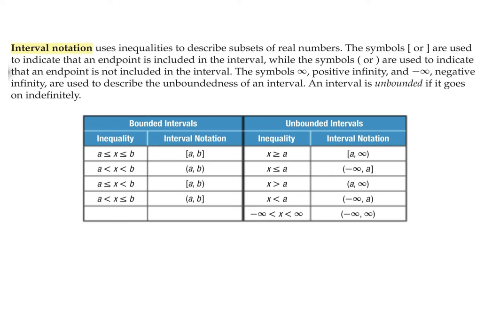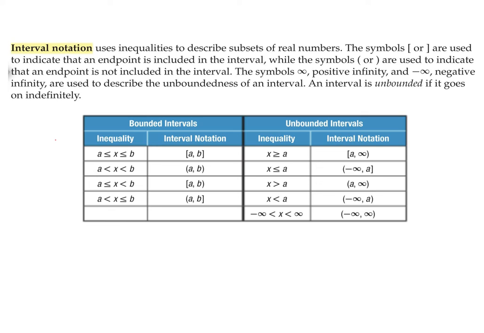So another way to kind of denote what is happening is interval notation. So we're basically using inequalities in this case, and we can use an interval notation. We have bounded and unbounded intervals. Bounded means that we actually have a number that we are stopping at.